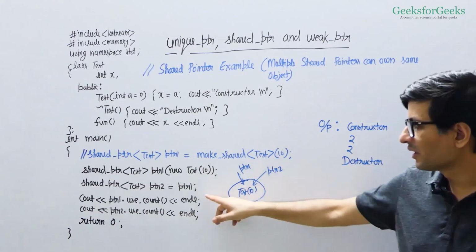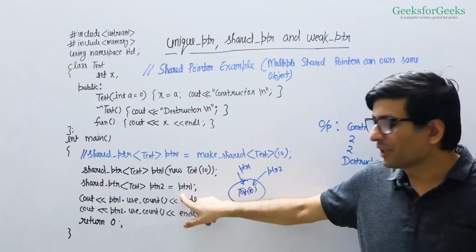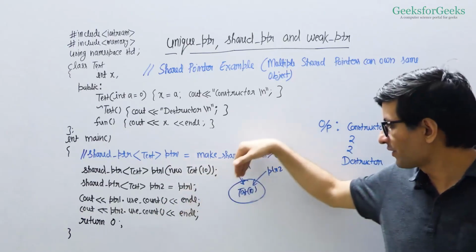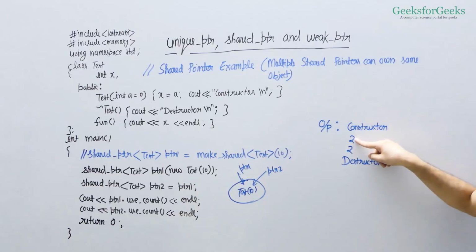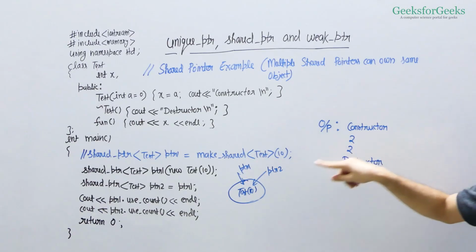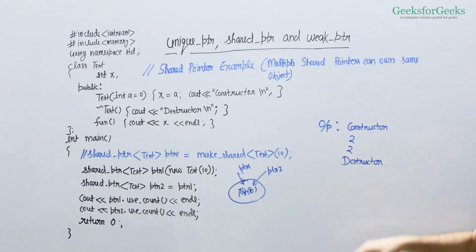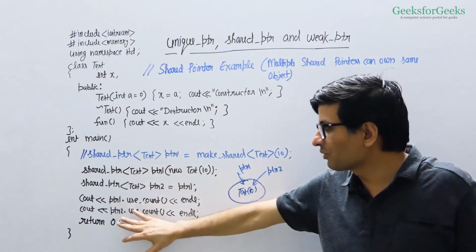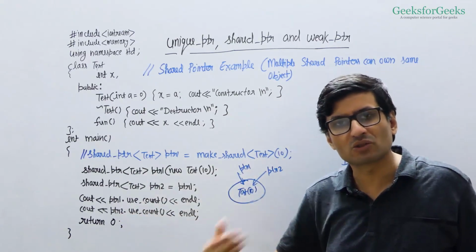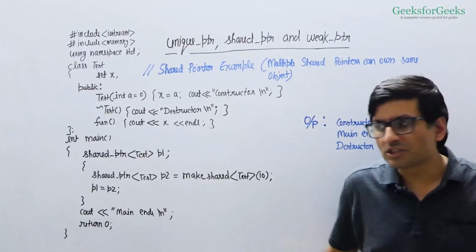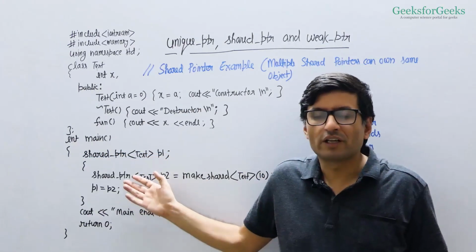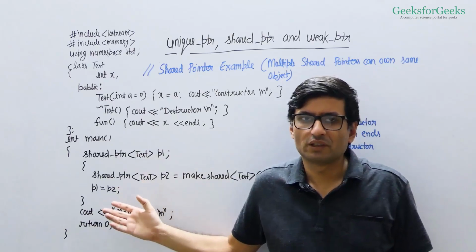Then we are assigning PTR1 to PTR2, so PTR2 starts pointing to the same object. Then we print use count, so we get the output as 2. We again print the use count on PTR2, we get the output as 2. Now once the main function is over, they both go out of the scope, so we get destructor on the screen. Please take a closer look at this program and try to guess the output of it.